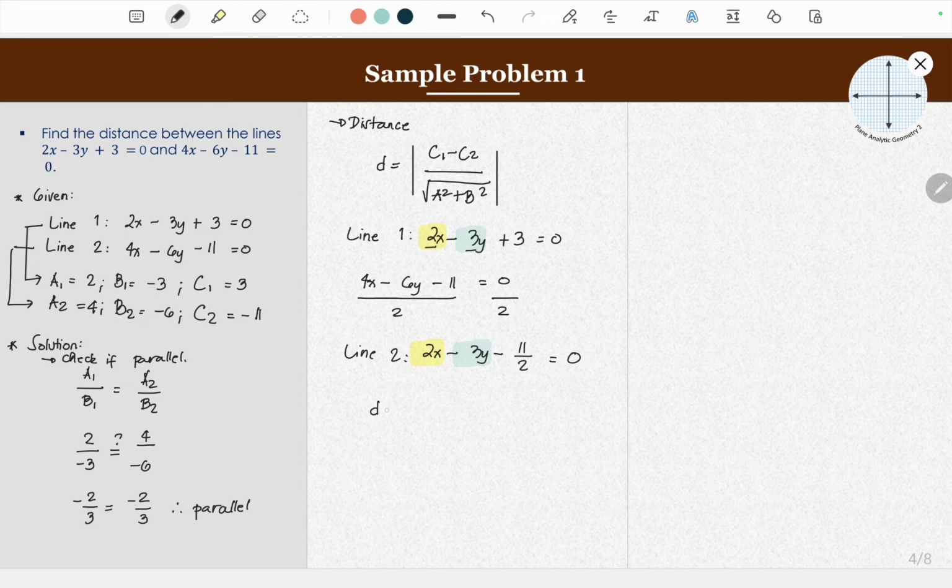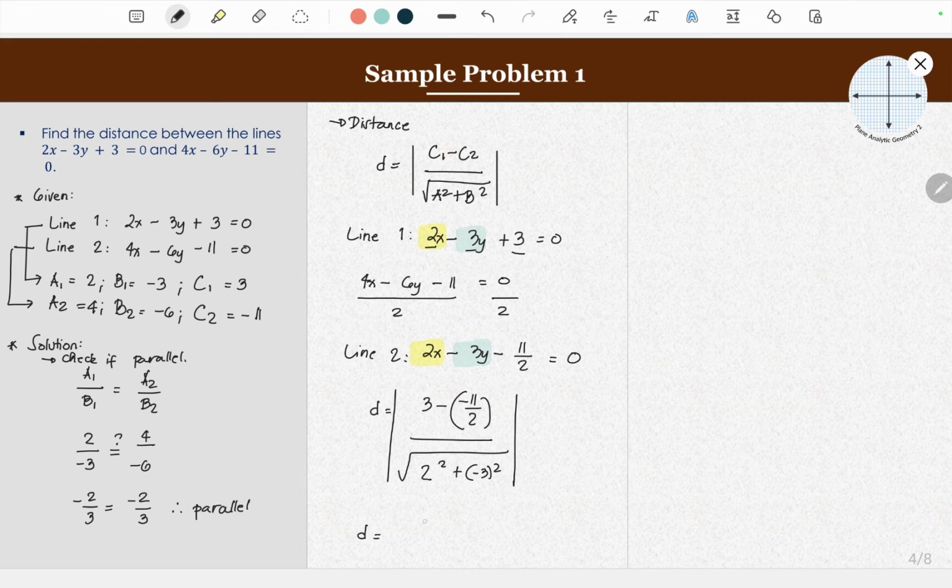Okay, so D is, C1 is positive 3 minus C2 is negative 11 over 2, over square root of A, which is 2, squared plus B, which is negative 3, squared. So this is absolute value.